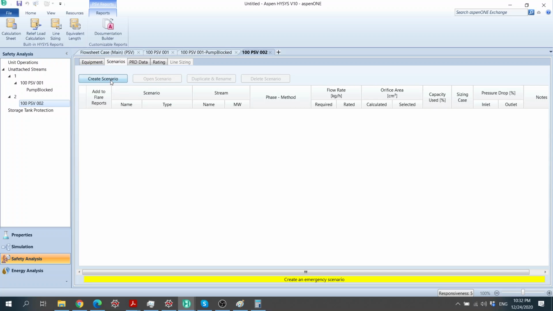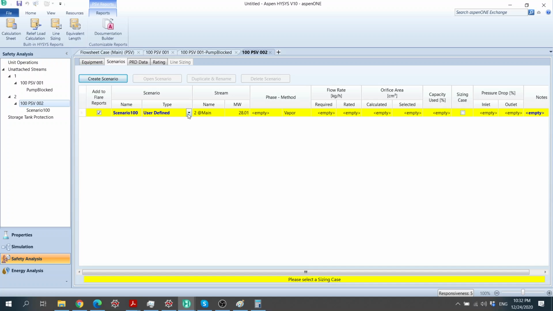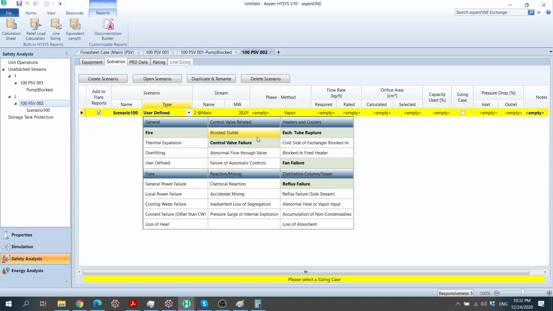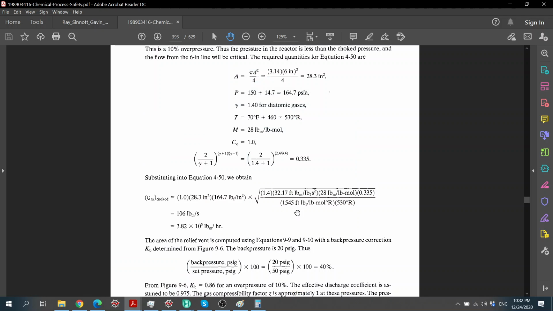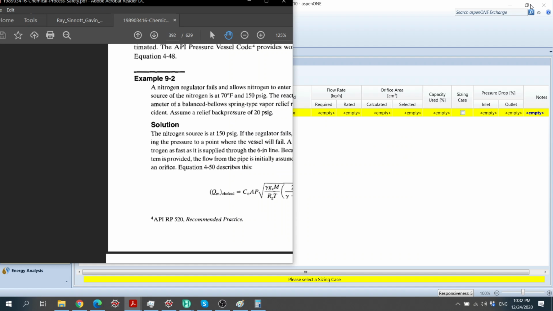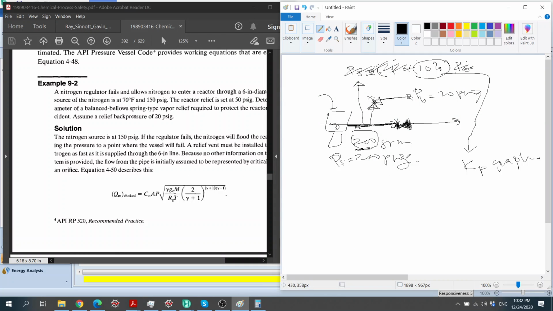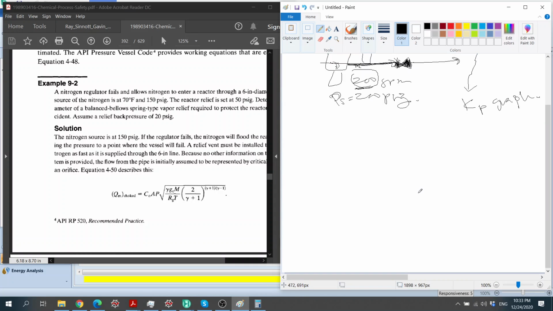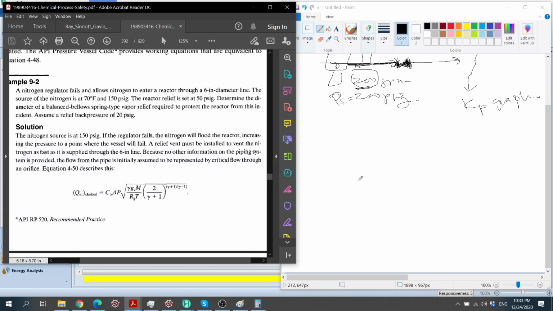Scenarios. It says here the scenario is that we have nitrogen. I'll just draw this for you. So there's a vessel, a reactor.